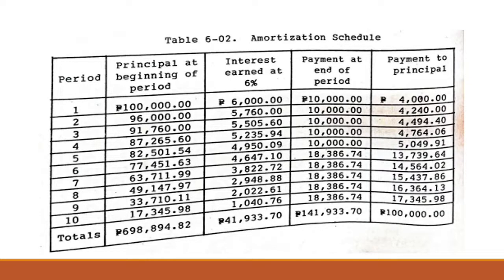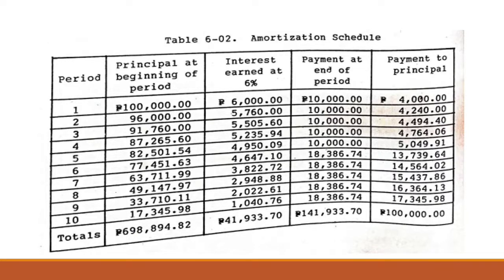So, this is the amortization schedule. It has 10 periods, with principal at the beginning of periods, interest earned at 6%, and payment at the end of period, with payment to principal. The principal at the beginning of the first period is 100,000 pesos, which will earn interest equal to 6%.